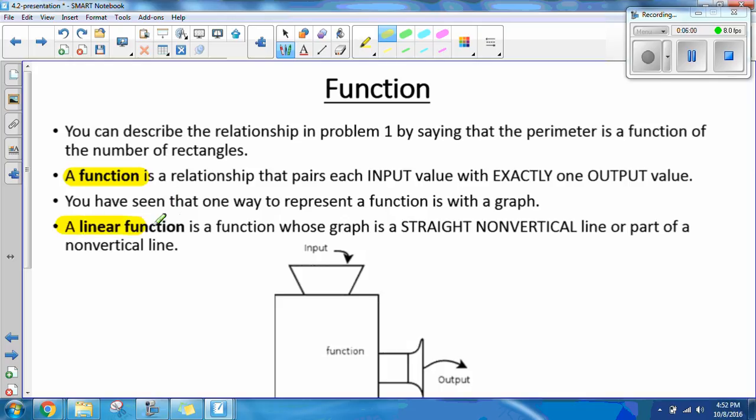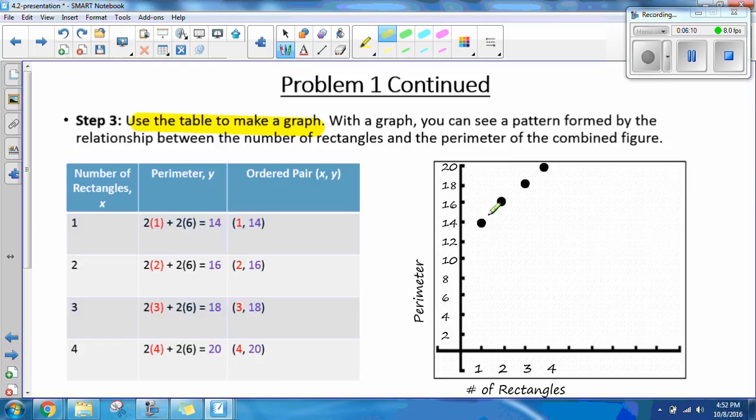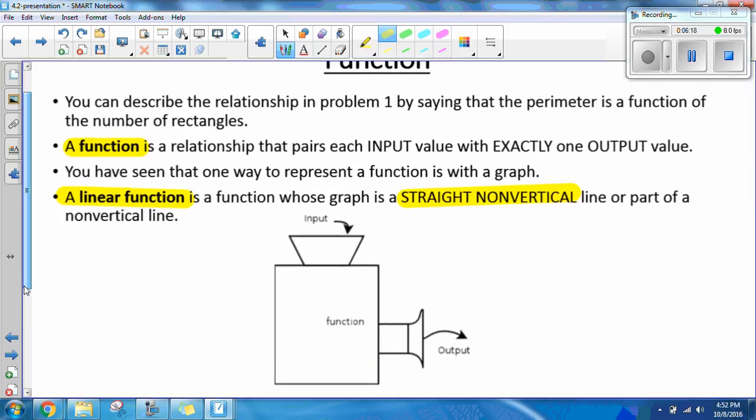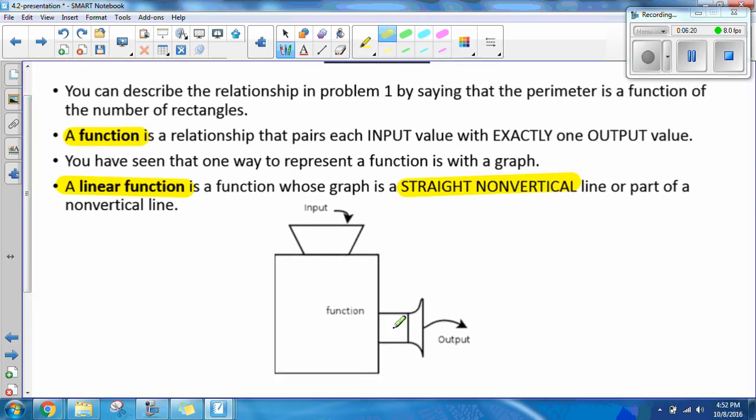A linear function is a function whose graph is a straight, non-vertical line or part of a non-vertical line. Like I said, this graph represents a linear function because it creates a straight line. You can sort of think of a function as the machine that when you put your input, you will get exactly one output for every input that you put into the function.